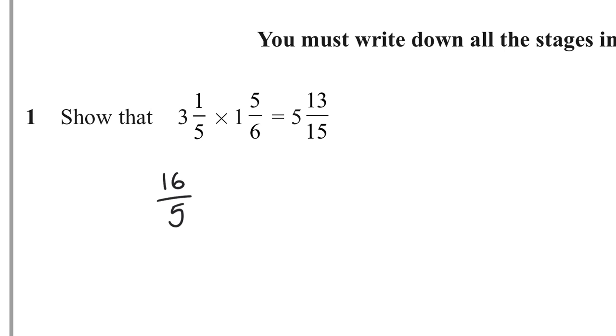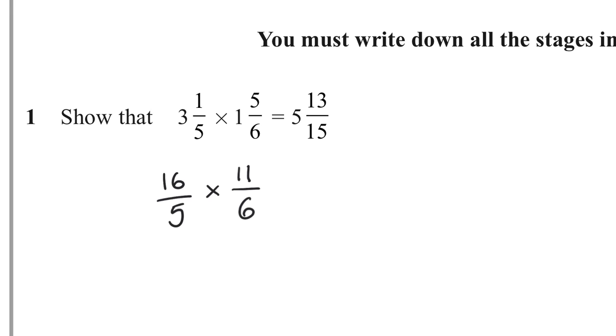It's 15 fifths, isn't it? And then we have 1/5, okay? Multiplied by 1 and 5 sixths. So a whole one is 6 sixths plus 5 sixths, 11 sixths. Perfect. Right, we now need to multiply these. So by the way, we get 1 mark for both of these. Okay, so this is 1 mark right now.